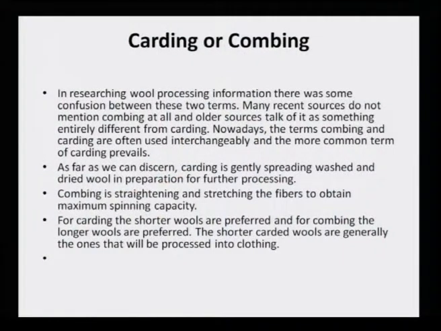For carding, the shorter wools are preferred, and for combing, the longer wool striations are preferred. The shorter carded wool are generally the ones that will be processed into clothing, either by spinning it into a yarn or weaving it into a cloth.